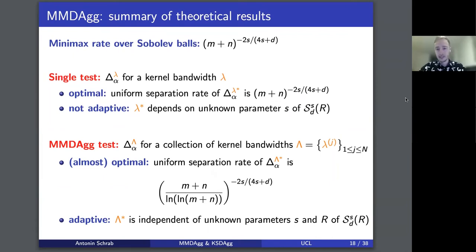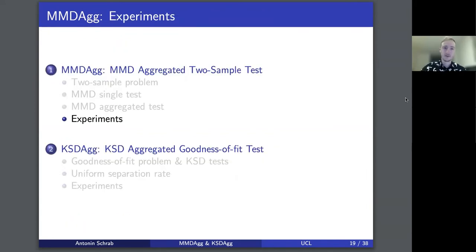And for MMDAgg, this is for a collection of bandwidths, capital lambda, and for a specific choice of collection of bandwidths, which does not depend on s, we obtain the minimax rate up to some iterated logarithmic term, and our test is adaptive over s and R.